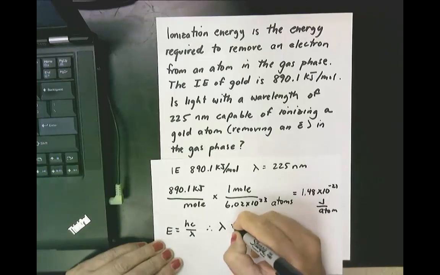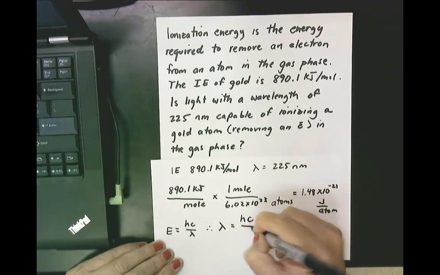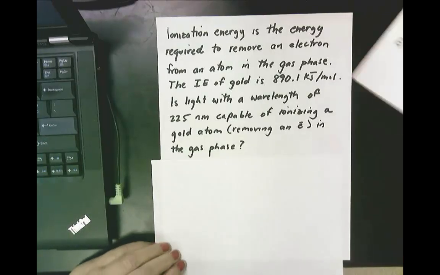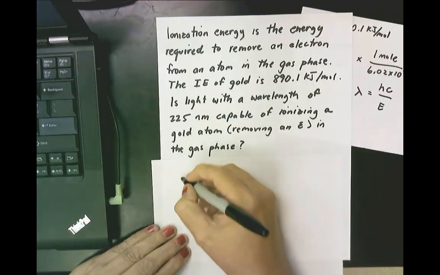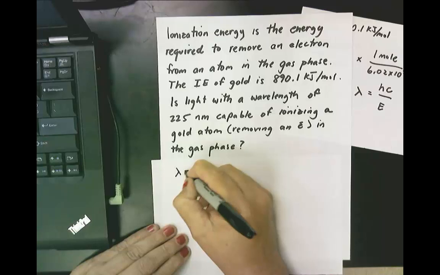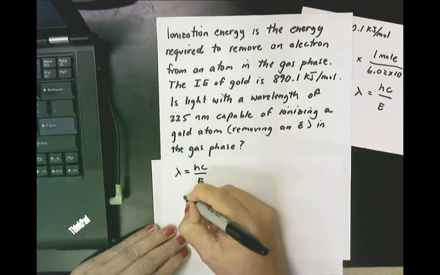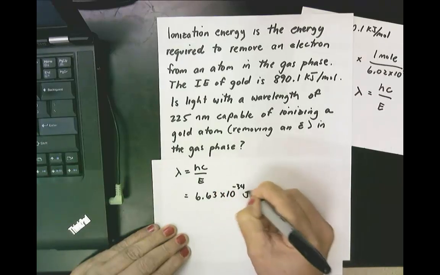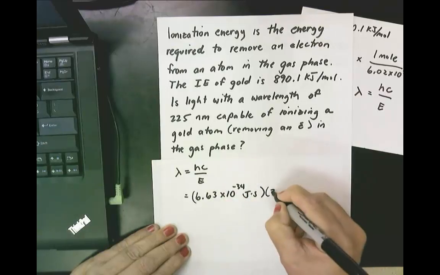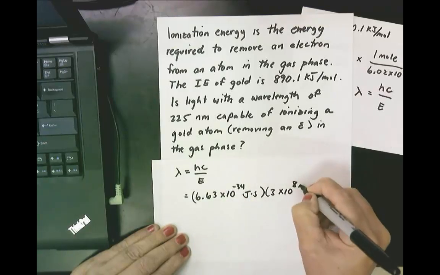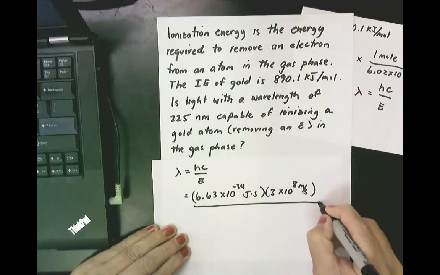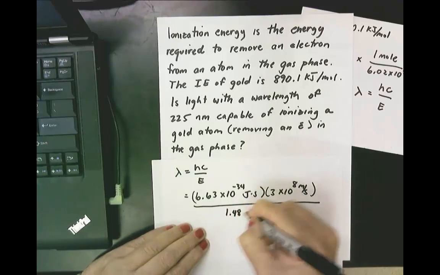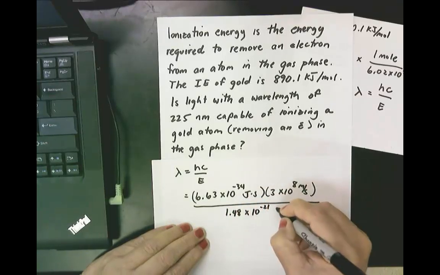And so wavelength equals hc over E. So I'm going to plug in over here: hc over E, I'm going to have 6.63 times 10 to the negative 34 joule seconds times the speed of light, meters per second, over the energy, 1.48 times 10 to the negative 21st joules per atom.